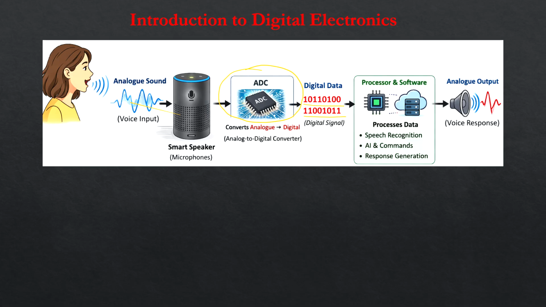Then here you should have, which is missing here, a digital to analog converter, because the output is needed in the real world. They will not give the output in the form of 1 and 0. They will give you output in the form of analog, which will be continuous in nature.